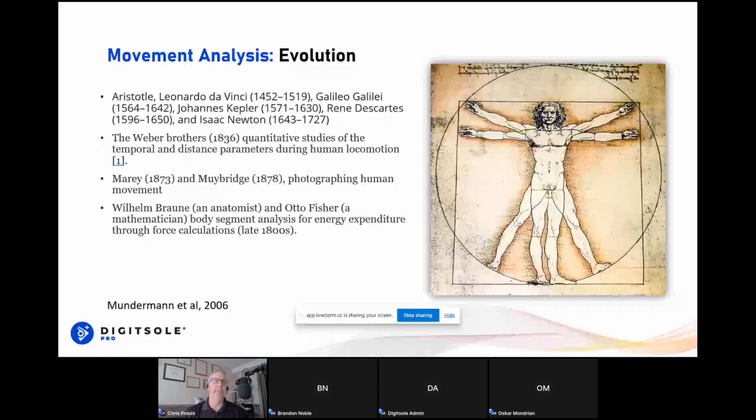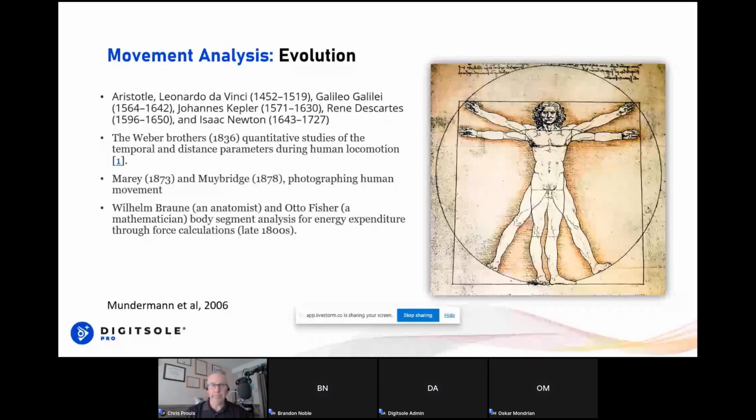Also in the late 1800s, more of the biomechanical aspect, looking at energy expenditure, and probably some of our earliest times looking at what are referred to as segmental models. Those of you that have gone through a human analysis education program for motion capture know that we use those points and put them on the articulations, so along the femur, both points of the femur, the forearm, and so on and so forth, to create that segmental model.